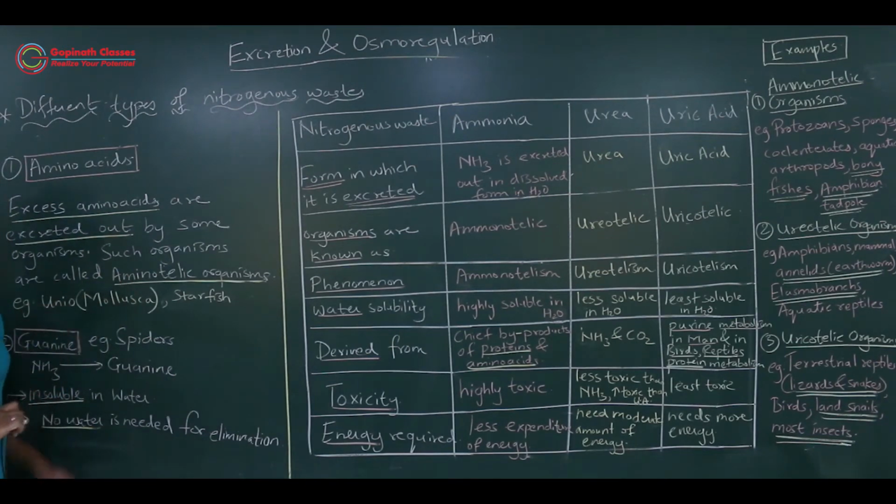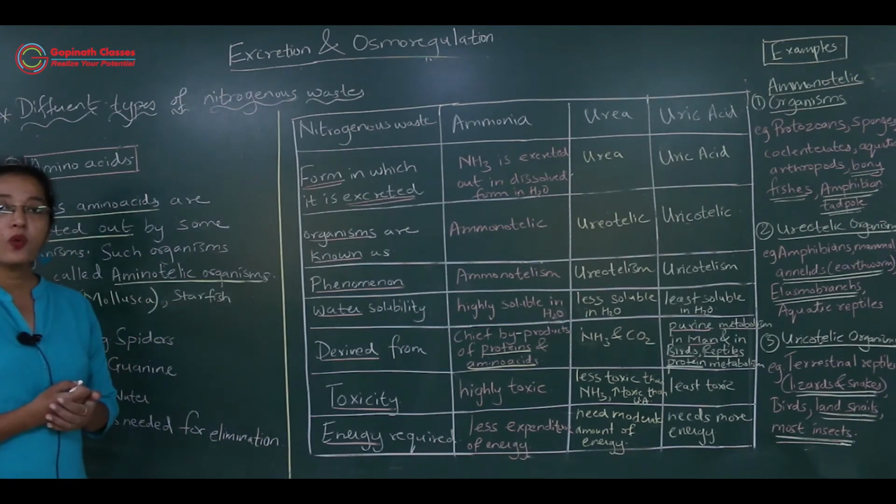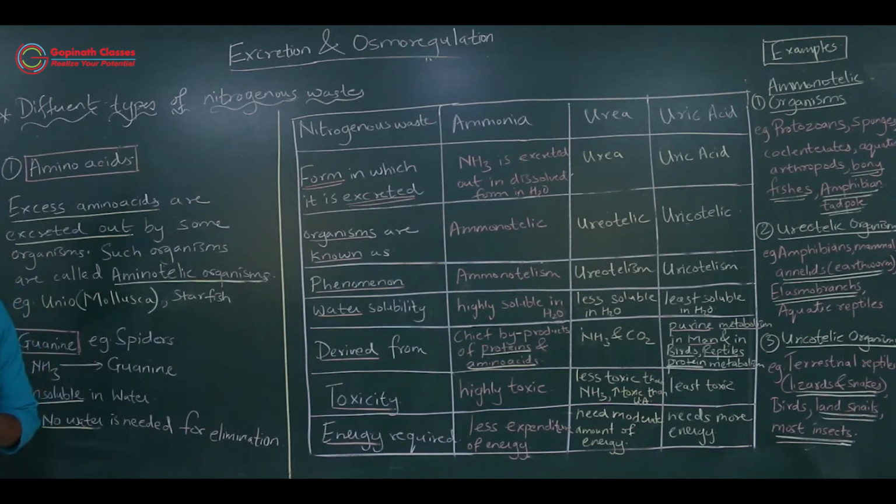Example, Unio, which is a mollusk, and starfish, which is an echinoderm.